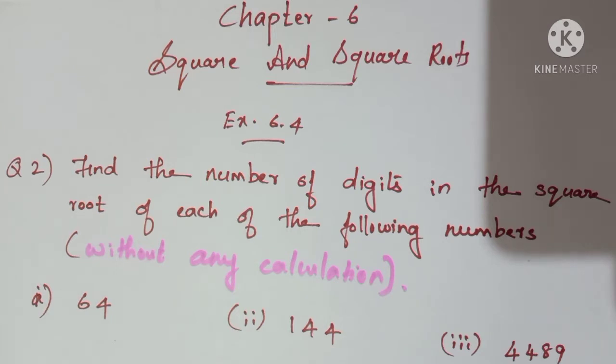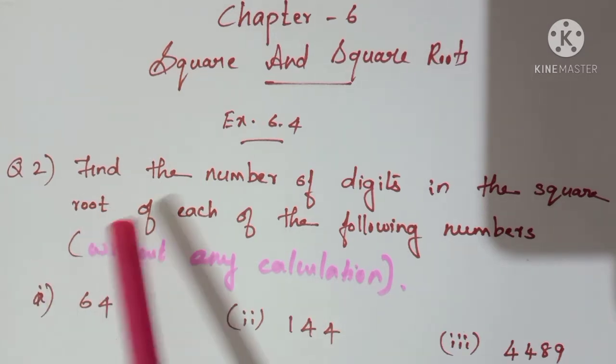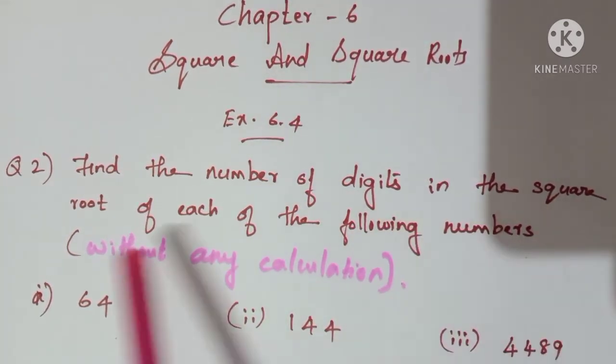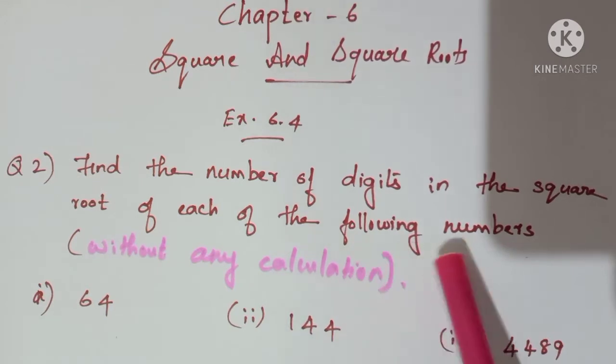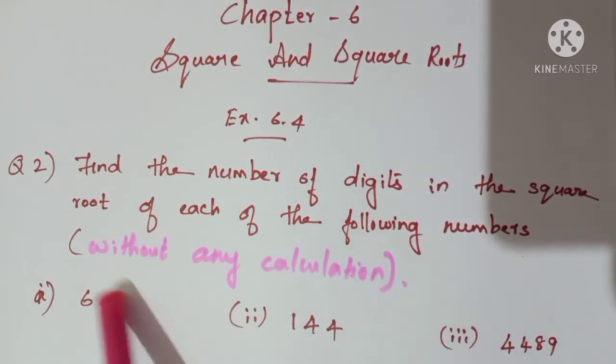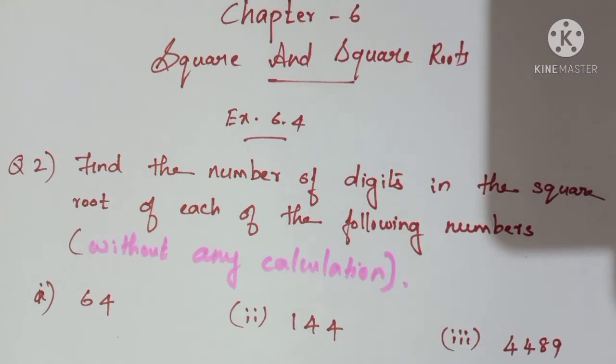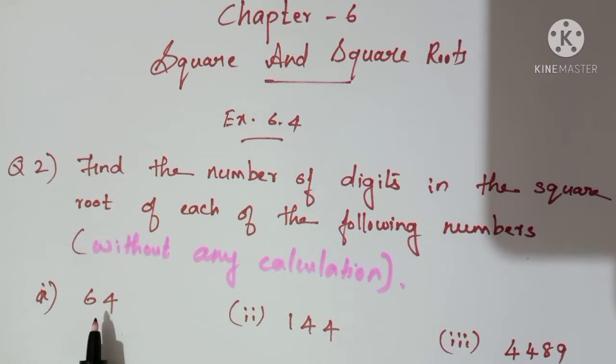So what is the question, children? Find the number of digits in the square root of each of the following numbers without any calculation. Can you understand anything? So first question is 64.